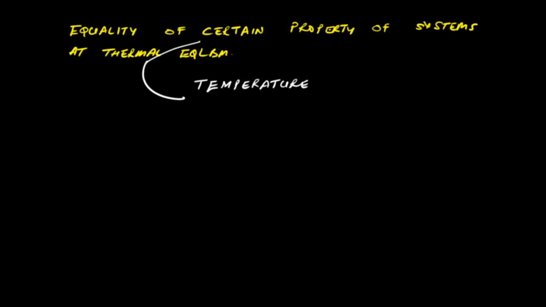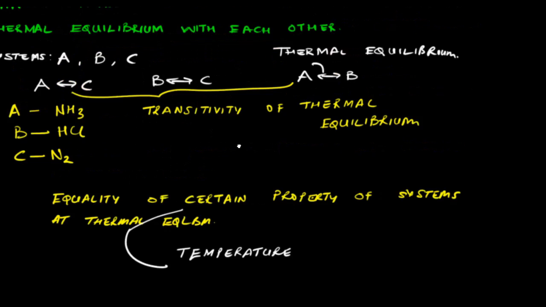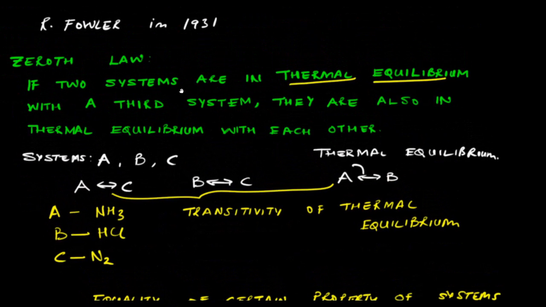Now let us see how the statement of the zeroth law is given over here. A very simple statement suggests that there exists a property which we'll call temperature, and this property must have the same value when a system is in thermal equilibrium with another system.